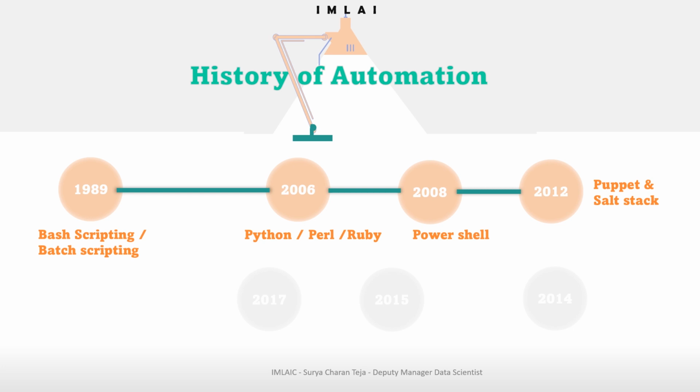But when the DevOps movement came in, we started adopting Puppet as an automation tool. Along with Puppet, we had Salt Stack, a very nice and simple tool to execute commands on a remote machine. The combination of Puppet and Salt Stack was very famous.